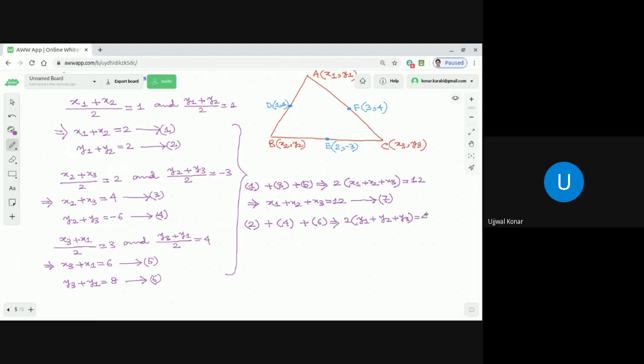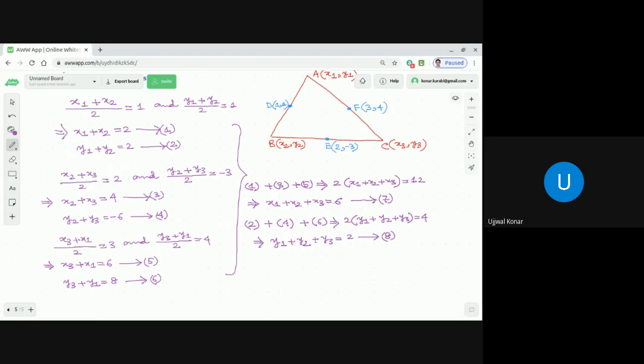Correct? And from here we get y1 plus y2 plus y3 is equal to 2. That we get as equation number 8. And in equation number 7, x1 plus x2 plus x3 is equal to 6. Correct, you are. My mistake. Yep, absolutely. Thanks for detecting it. Yes, it is 6. Now our task is going to be easy.